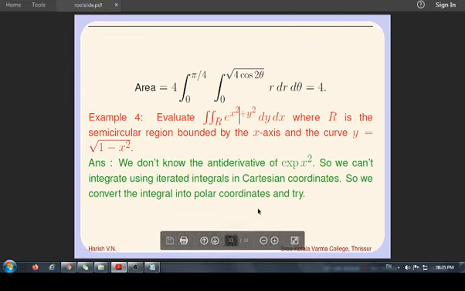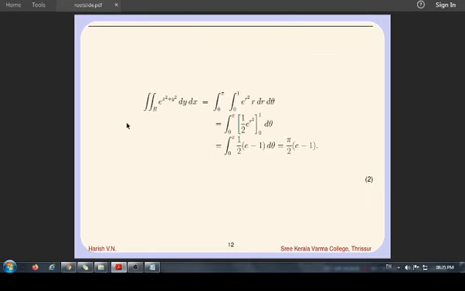So let us try with polar coordinates. Using polar coordinates, we can have a trial. Double integral over R of e to the power x square plus y square dy dx equals double integral over R of e to the power x square plus y square dA.